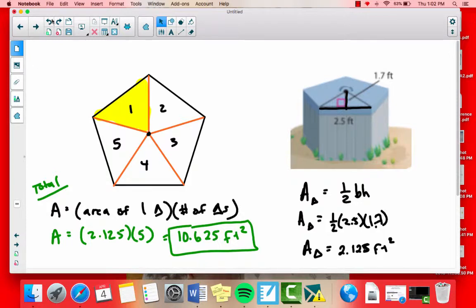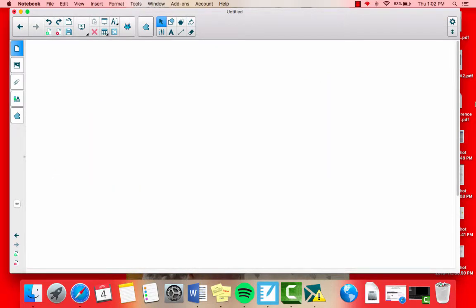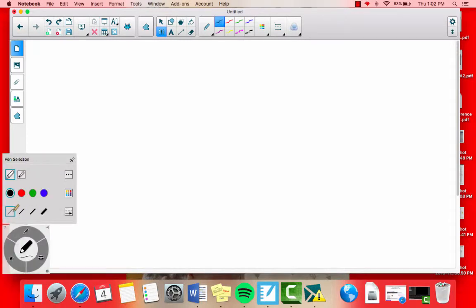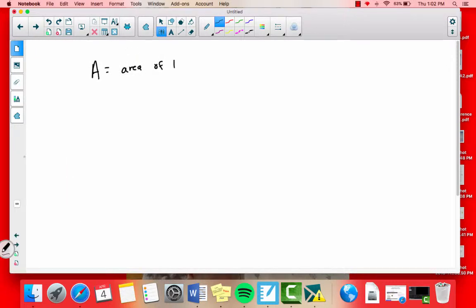So to show you where this formula comes from, we're going to use this concept that we just used in this example. What we just said in this example was that the area of a regular pentagon or any polygon was to take the area of one triangle and multiply it by the number of triangles we had total.